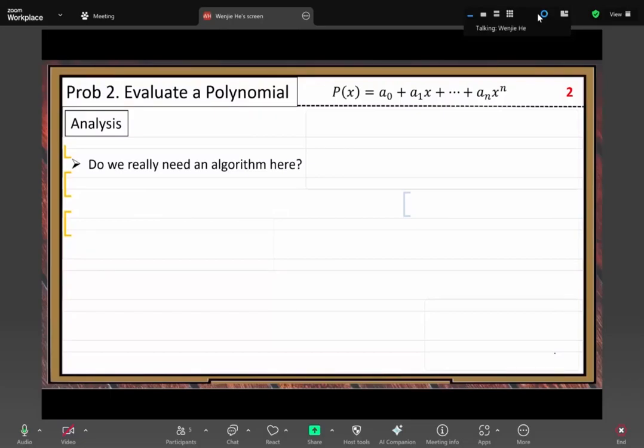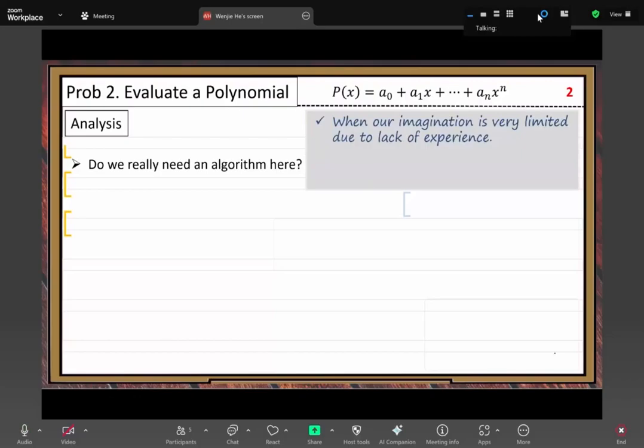Now, because that was a very special case, we want to look at the general question. How can we do better?